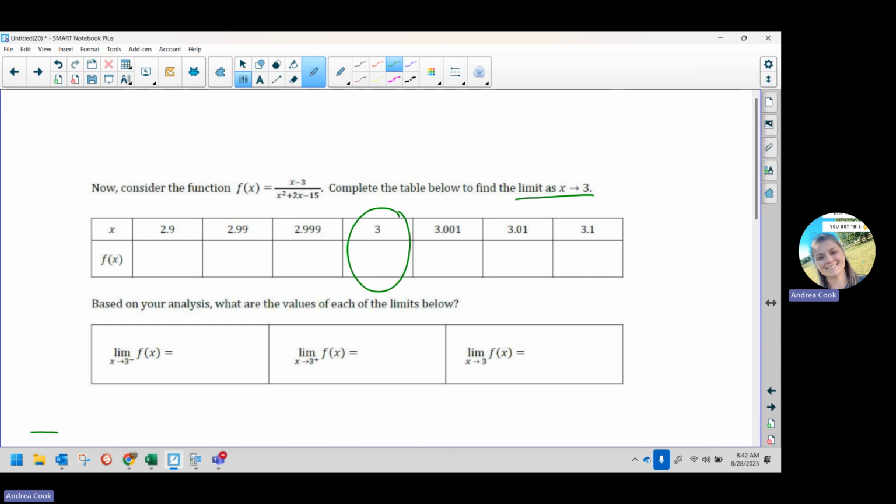Then I picked numbers less than 3, and I picked numbers greater than 3. All right, so go ahead and type this function into your calculator and hit trace to fill in our table.